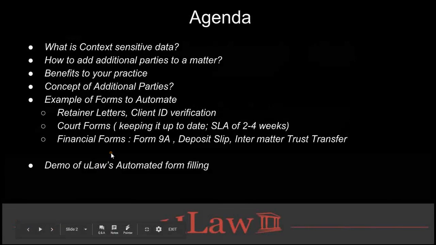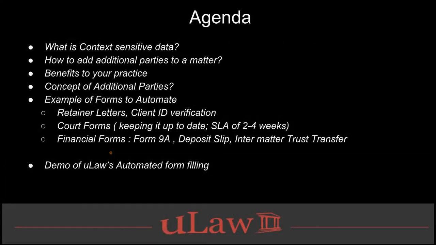So let's talk about what really is this data that you're storing. Fundamentally, if you look at data in uLaw, there's the contact information of different individuals or companies that you deal with. So really the record of people that you deal with in your law firm. This could be your client.